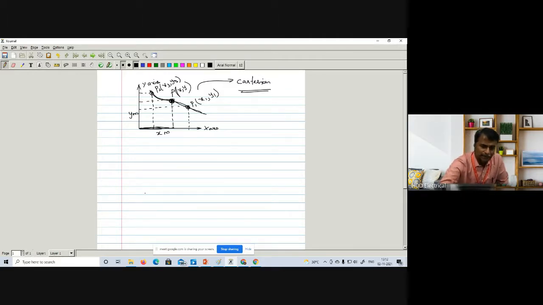At the same time, some objects go in circular motion. If we have circular motion, at one time the object will be here, and at another time the object will be here. This is the x-axis and this is the y-axis.